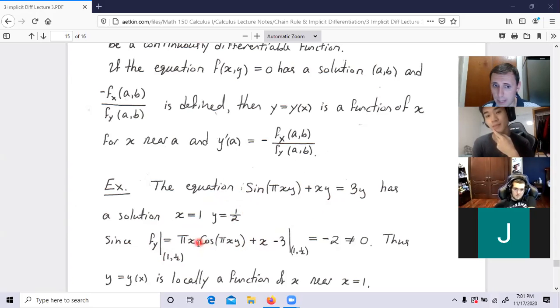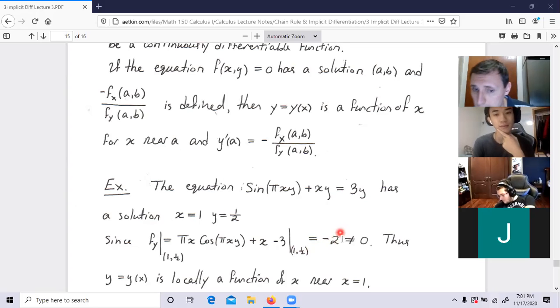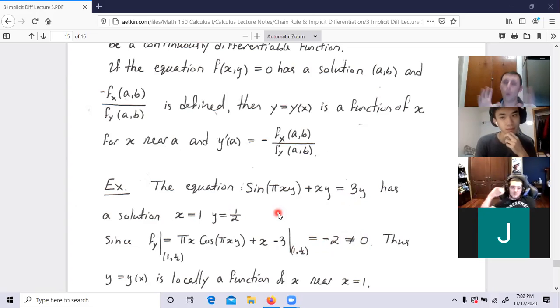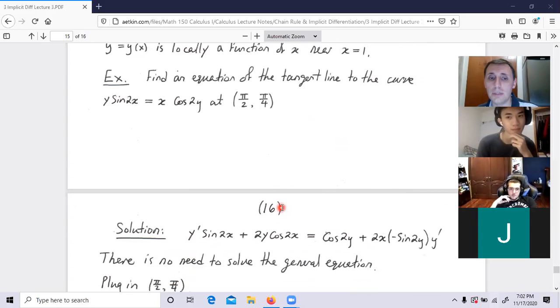So I just plug in 1 instead of x, and y is still the variable. Yes, and then I take the derivative with respect to y, I plug y equal to 1/2, and I get -2 because it's not 0. If the derivative at this point is not 0, and there is a solution, then y can be defined as a function of x. Doing the implicit differentiation thingy is not meaningless.